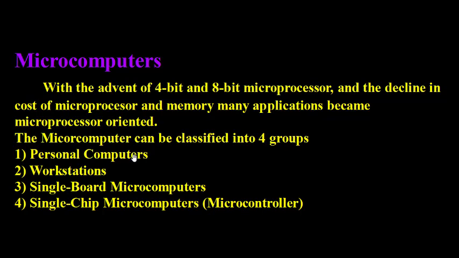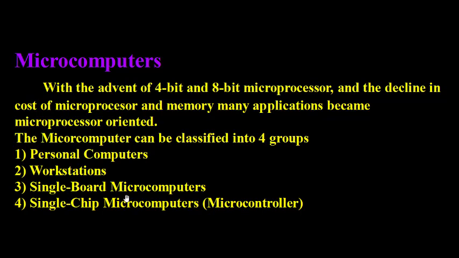First is the personal computers. Personal computers were not multi-user, they were single user, but they were multitasking. They were comparatively cheaper as compared to workstations and the other computers which we have discussed. And we had workstations. And we had single board microcomputers.